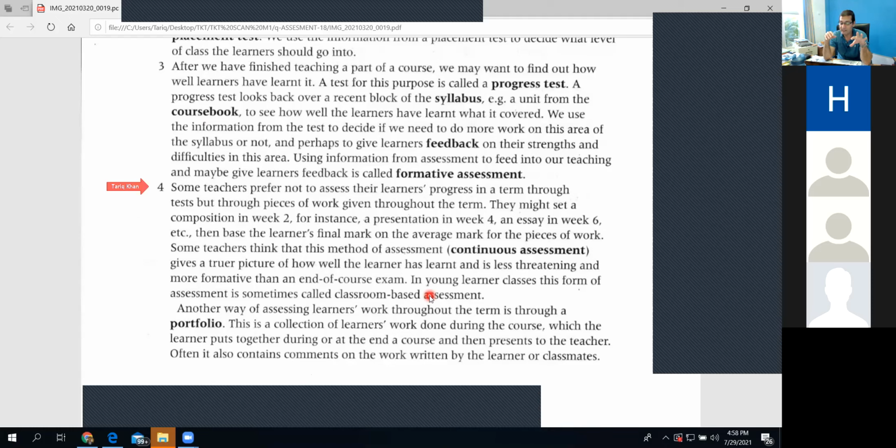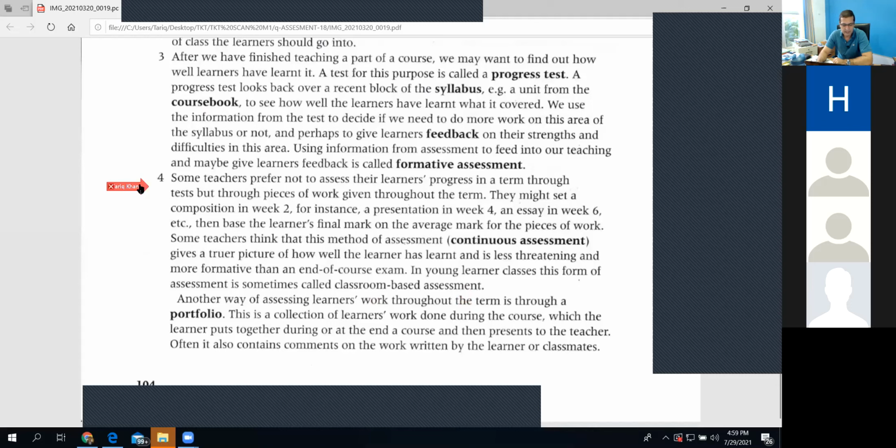So what happens when the assessment is done every month, and in the end it will be collected, then definitely they will take the learning seriously throughout the year. That's the idea behind continuous assessment, or in the junior section we call it classroom-based assessment.